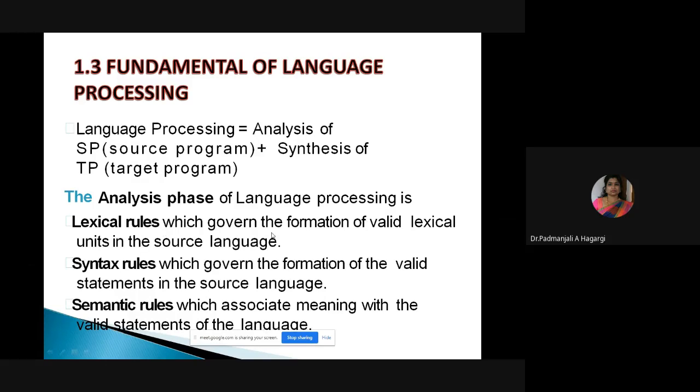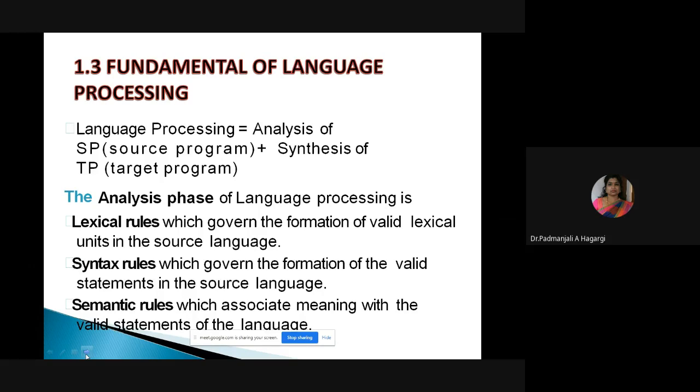The lexical rule governs the formation of whether it is a valid or invalid source language. For example, instead of int, I may be using number. Whether int and number are valid or not: first of all, number is not valid in C language. So I must use int. That is nothing but the lexical rule.